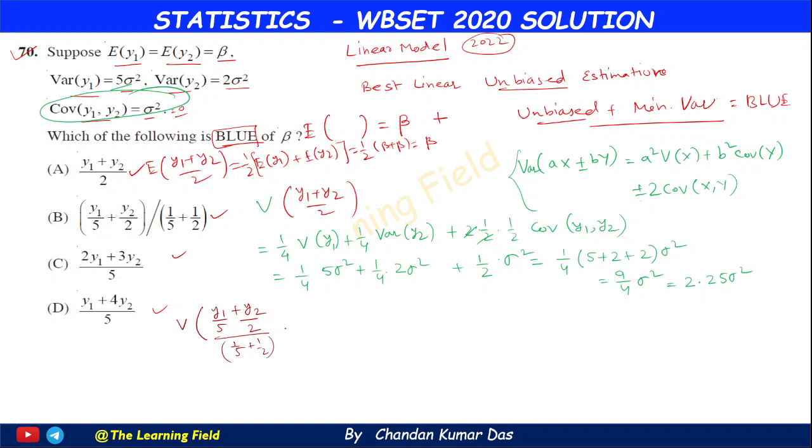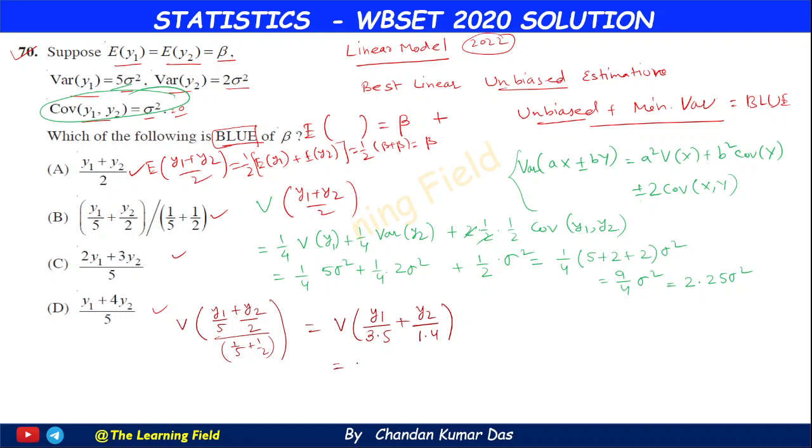So this is a big term. We can simply write variance of (y1 by 3.5 plus y2 by 1.4).